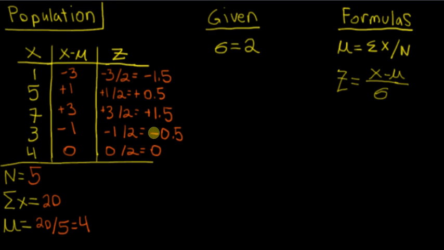And so all these numbers are basically just telling you how far away each of these x values is from 4. Okay, now if that doesn't make sense right now, you can check out one of my other videos where I actually go more into detail explaining the difference between the x distribution and the z distribution.